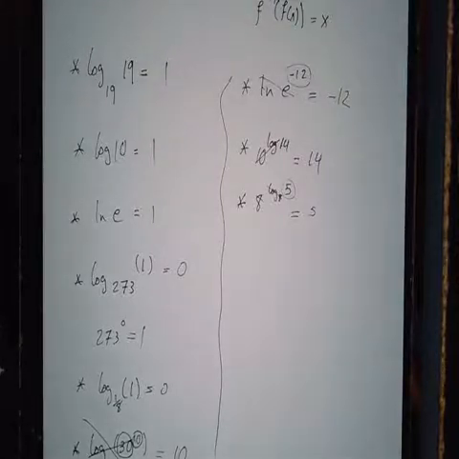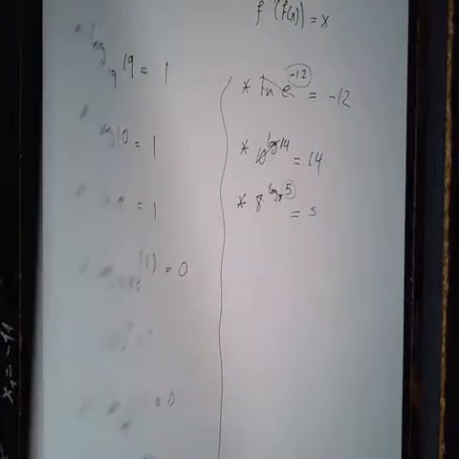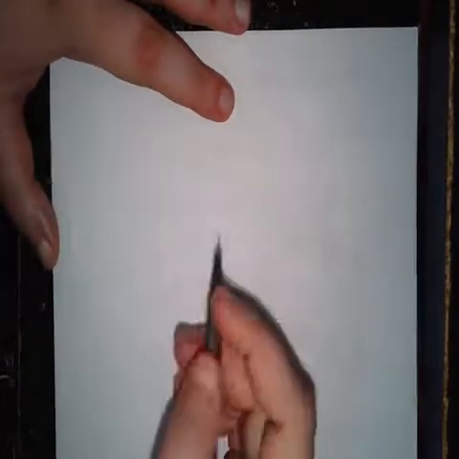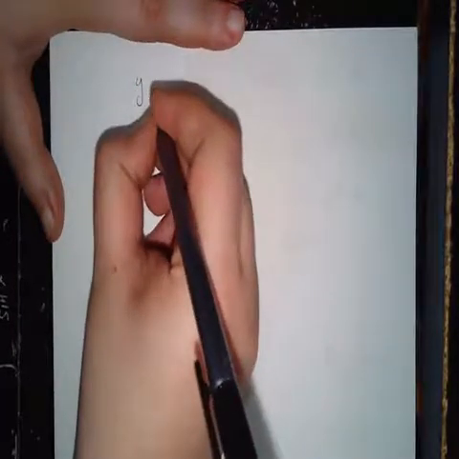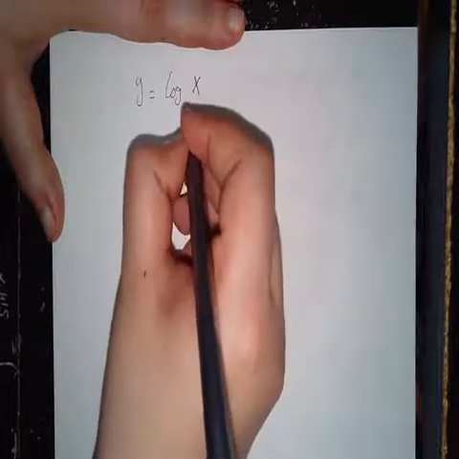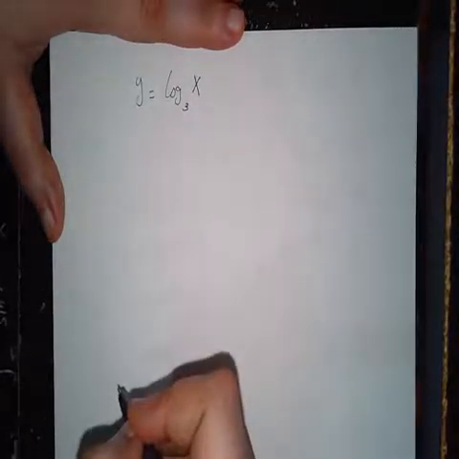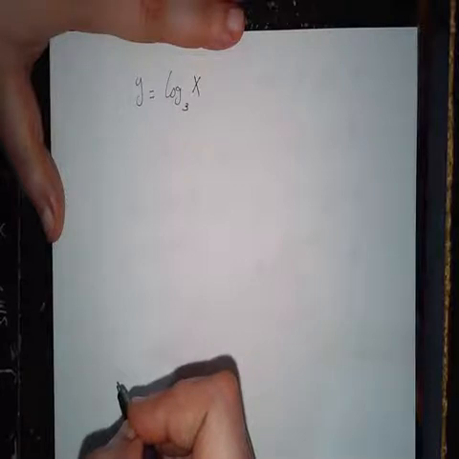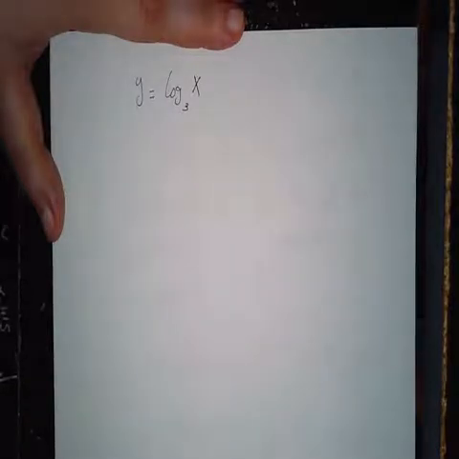Now, let me move this page real quick and show you what a logarithmic function looks like when you graph it. Let's graph one. Now, if I give you y equals log of x, and the log has a base 3, and we have x as the inside of the log.